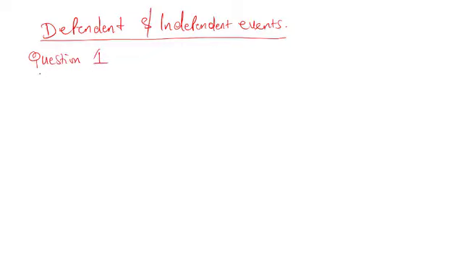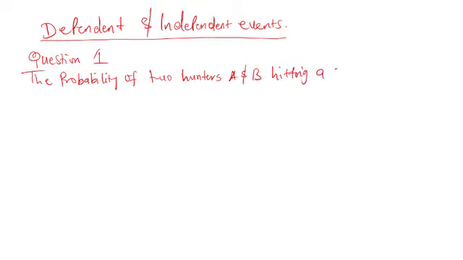The probability of two hunters A and B hitting a target are, let's say, 2/9 and 4/11 respectively. 2/9 and 4/11 respectively.